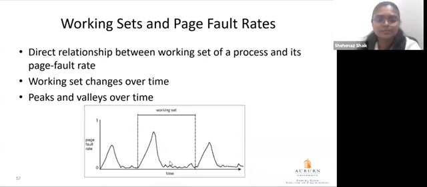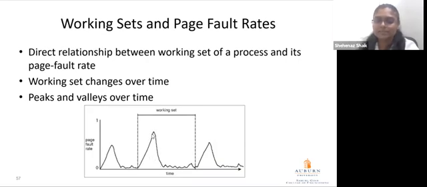And one other aspect that we may want to consider is, as a process moves from one locality to another locality as part of its execution, there may be a higher page fault rate observed because it is loading an entirely new set of pages.